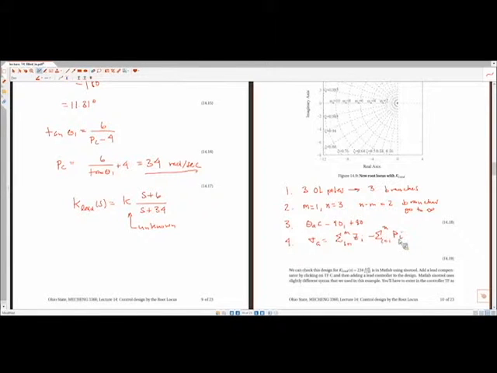Summing up all the pole locations, dividing by m minus n. So for this particular example, we have a zero at negative 6 from the lead controller, and then we have poles at 0 and negative 1 from our plant itself.